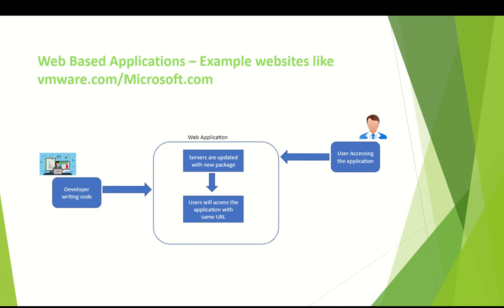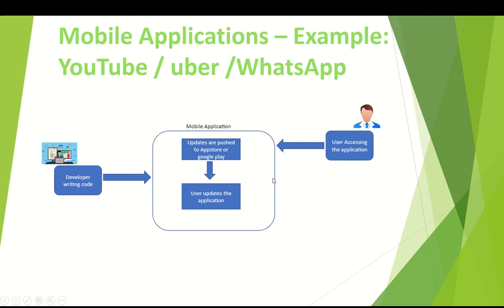We'll discuss different types of web servers in upcoming videos. There will be a URL where you go to your laptop browser and put www.vmware.com or www.microsoft.com. That will be accessible by n number of people. They will access and use it. So this is a web server.